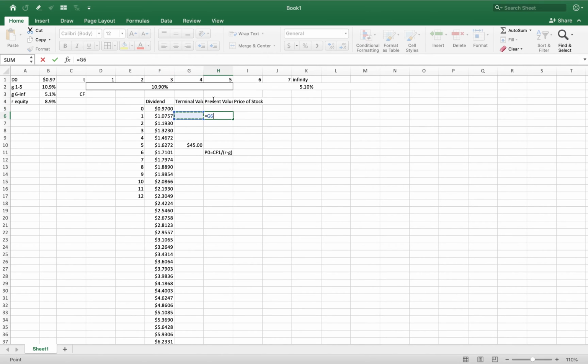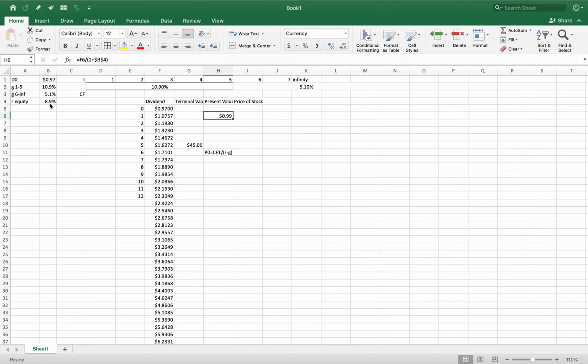But the present value of the dividend next year is going to be the dividend divided by 1 plus required rate of return raised to the power of 1, or however many periods you're discounting.